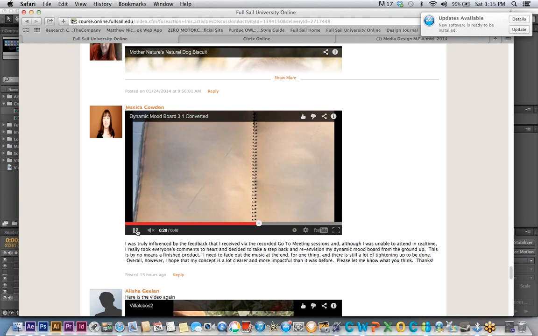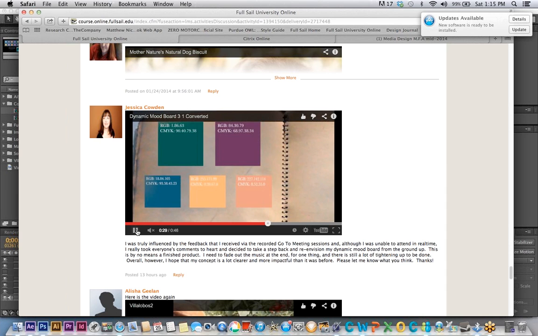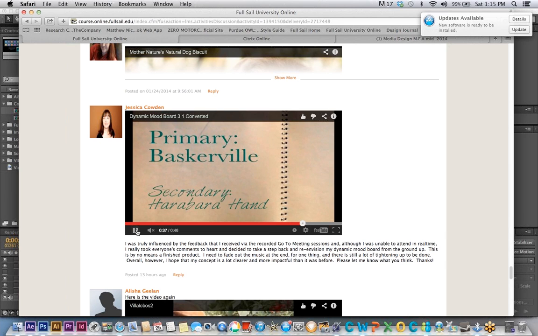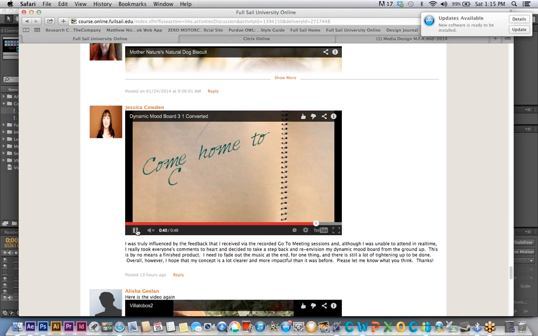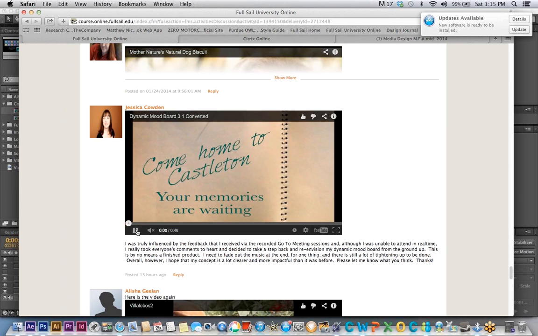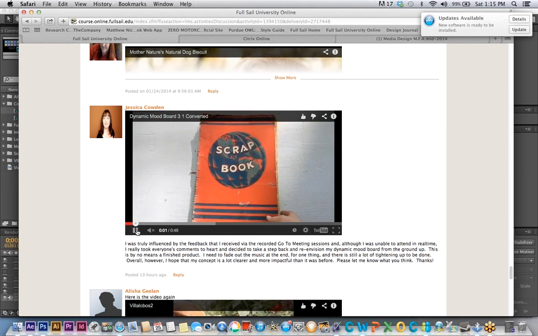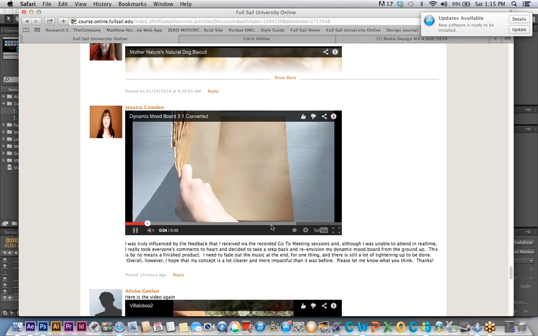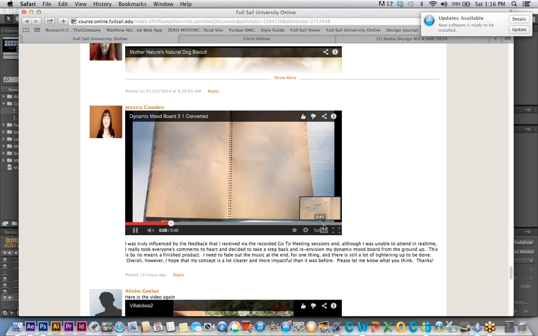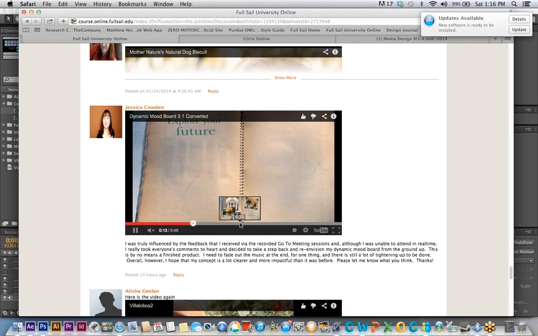Right there she should have left it on the page, I think, and it could have been a little smaller. And then her fonts, they looked really well. They looked very good. And it came up to be a very complete ending, and I liked the rippling effect. And the music seemed to work.